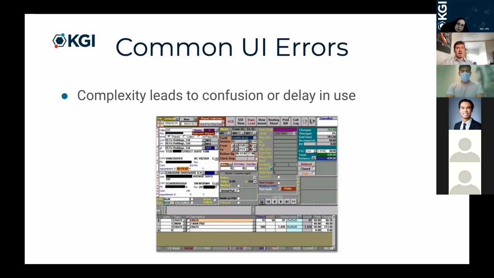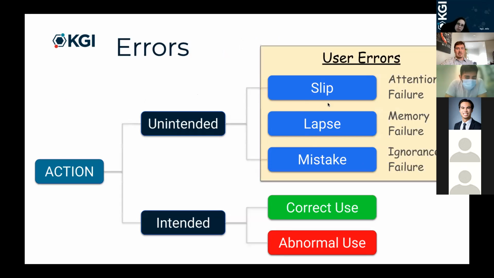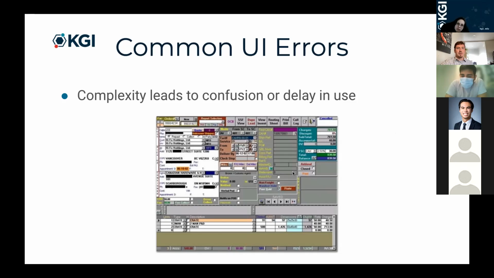And that might lead to a slip or even a mistake or a lapse. So really all 3 of these user errors happen simply because there's too much going on. How do I learn how to do all this to prevent mistakes? How do I know where to look to prevent slips? And how do I know when to look at a certain place to prevent lapses? So this is an example of how not to do it.